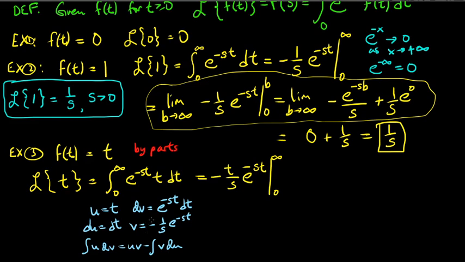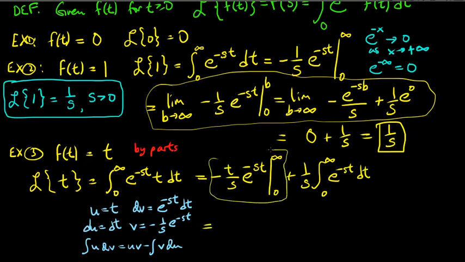So we have minus a negative, so that's going to be plus 1 over s, which we can take outside because it's a constant, and then the integral from 0 to infinity of e to the negative st dt. Let's evaluate this first term. What happens when t is infinity?